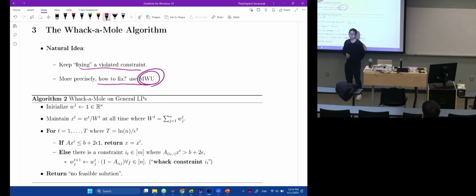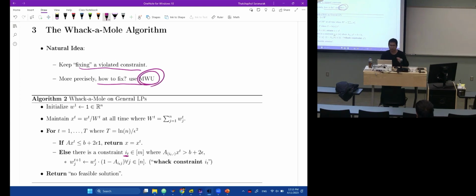You first ask yourself, if this x_t already satisfies everything up to some slack, then you're done. Don't need to do anything, just return x. But otherwise, there is some constraint that is violated quite a lot. Some constraint must be violated by more than additive epsilon. So you look at the constraint.